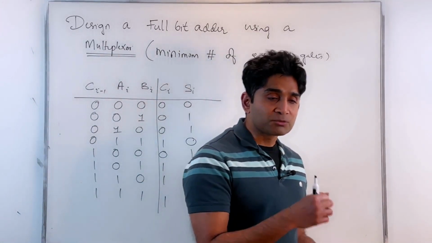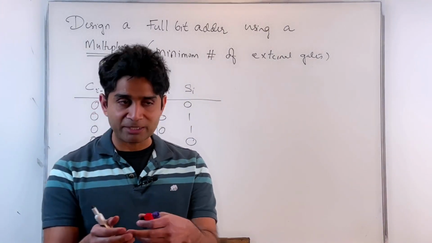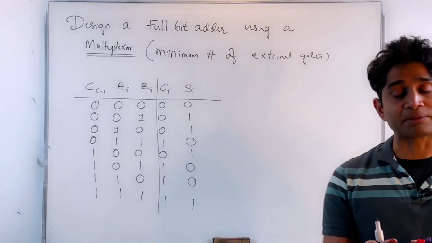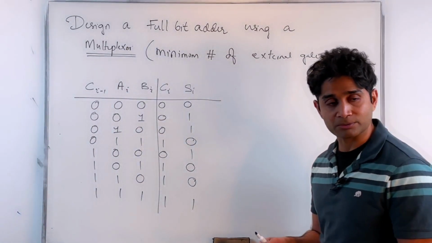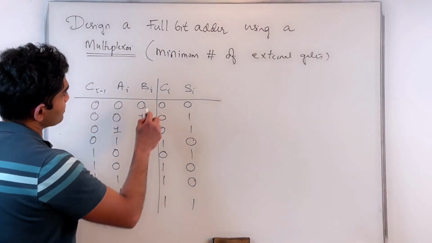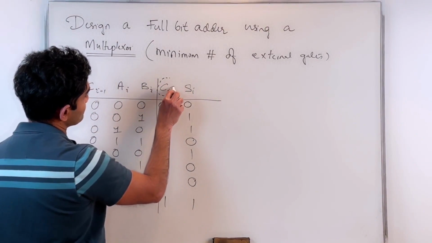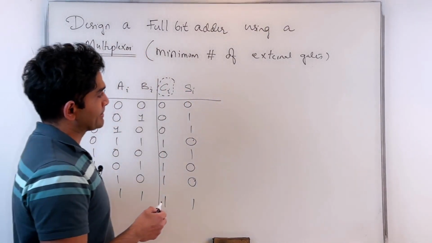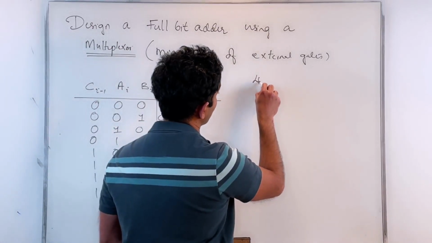Now this is what I want to implement, not by using the K-map approach, but by utilizing the multiplexer. So how do I do this? Let's first focus on implementing Ci. I want to implement that using a 4-to-1 multiplexer.